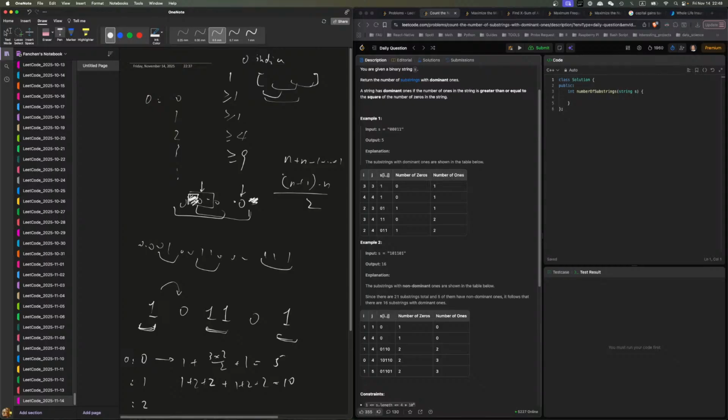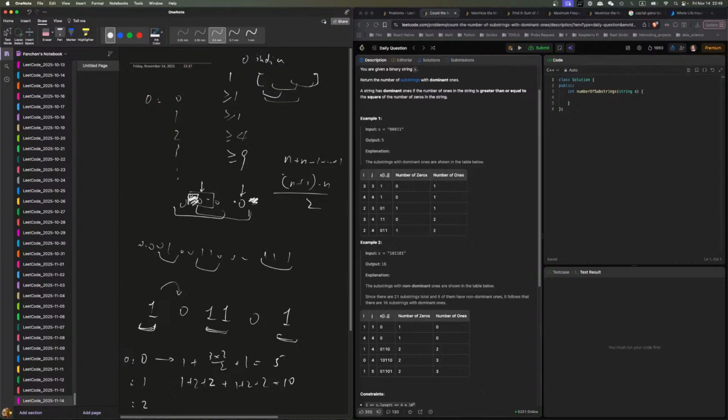Okay, so yeah, but I feel like it's going to be a lot if I just do that. So if there are a lot of ones, then I can do this way, right?